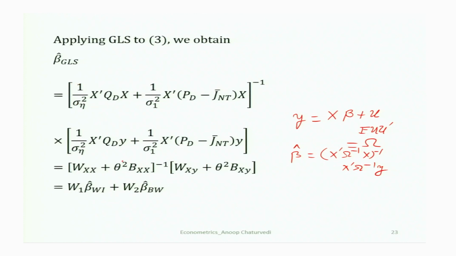So, then we write this as, say, (W_xx plus theta square B_xx) whole inverse (W_xy plus theta square B_xy), or W1 beta hat within estimator plus W2 beta hat between estimator.